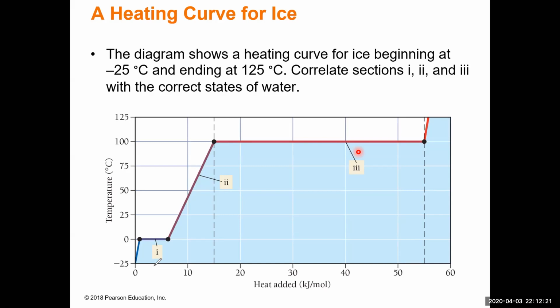We know at 0 degrees Celsius, we're having a phase change. If we're starting off at a low temperature and increasing in temperature, from negative 25 to 0 degrees, we are in our solid state.